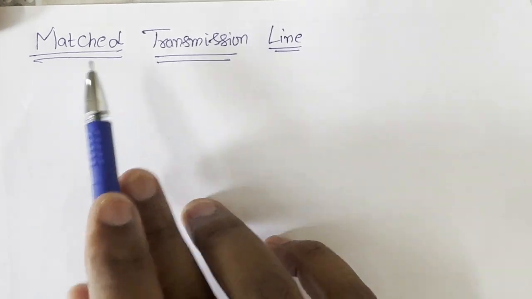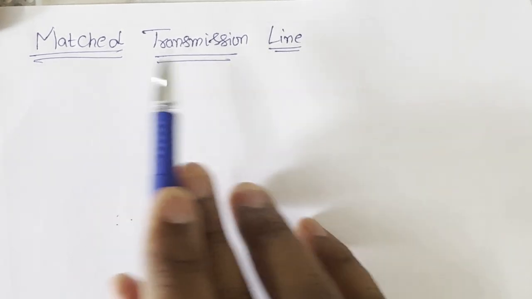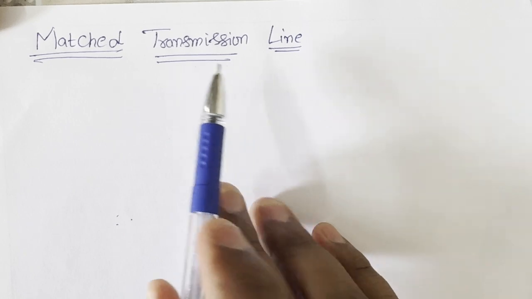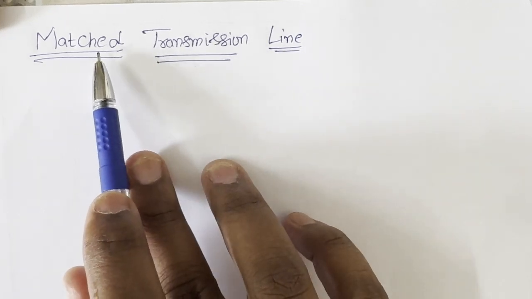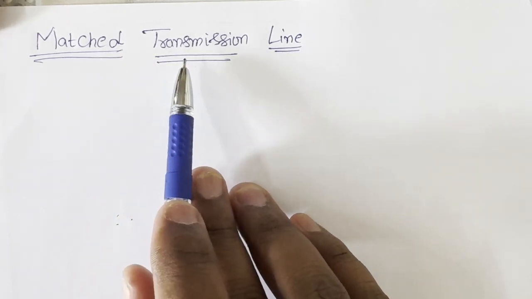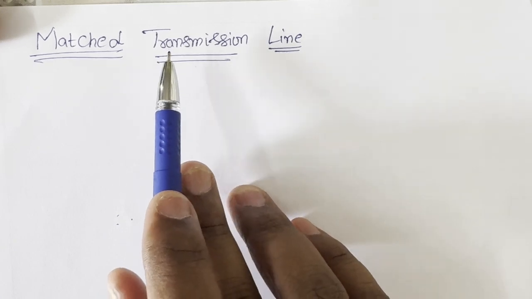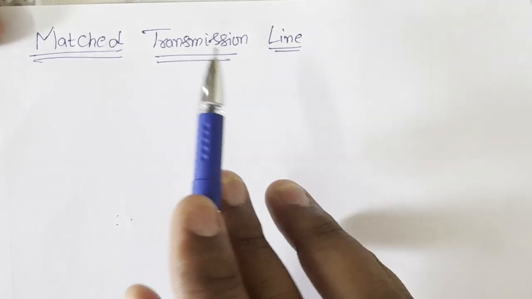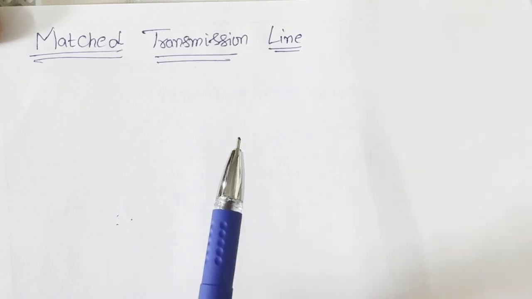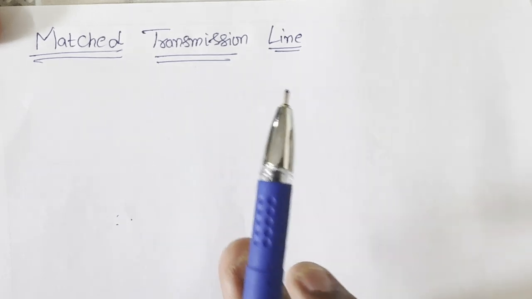Good morning, students. In this section, we will discuss the matched transmission line. To evaluate this matched transmission line, we simply have one condition. In case of a matched transmission line, the load impedance is equal to the characteristic impedance.